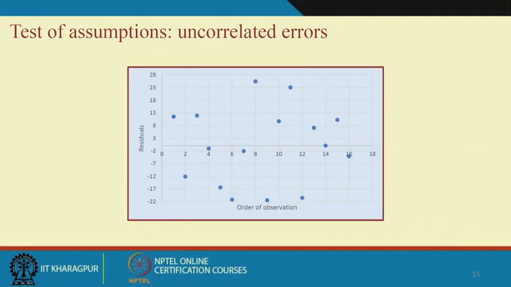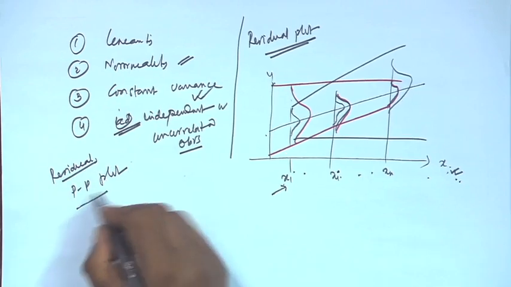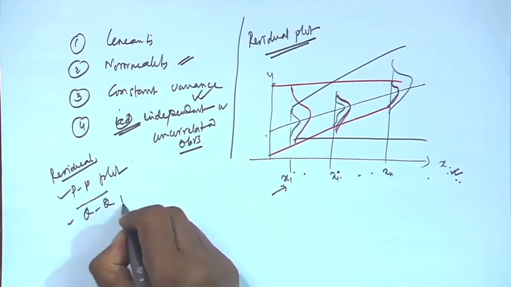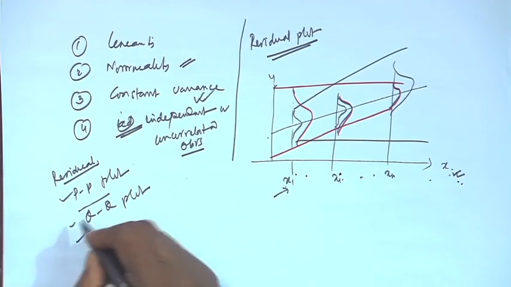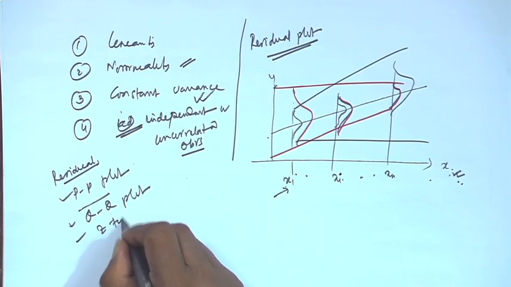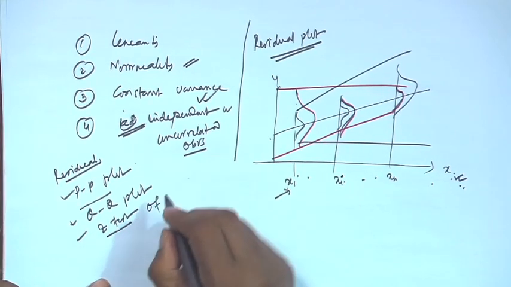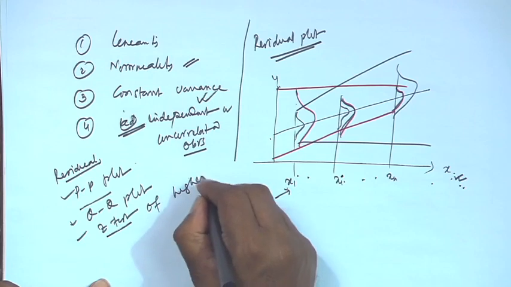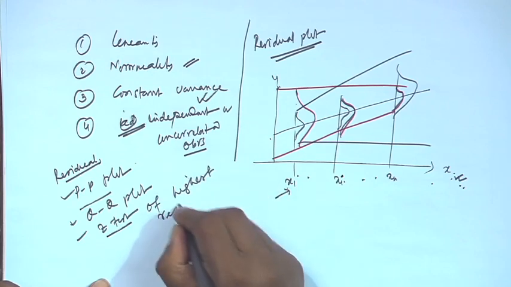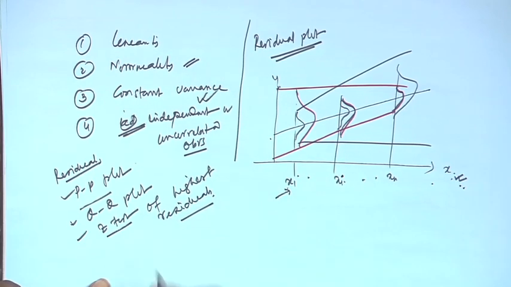And what about the linearity and normality part? I think I have told you about the PP plot, the probability plot, earlier. So, for all residuals you use the PP plot, the QQ plot, or you can also use an individual Z test of the highest residual, the maximum residual.